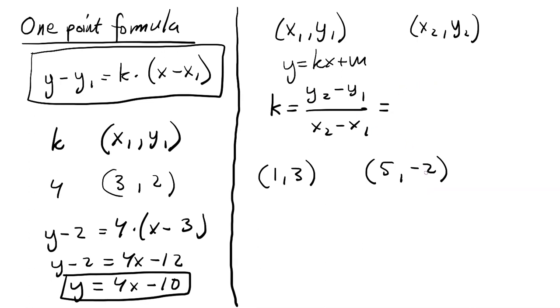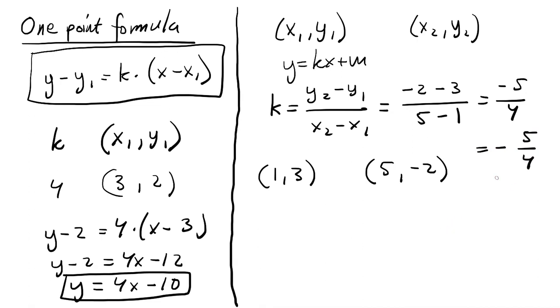Okay, y2 is minus 2, y1 is 3, x2 is 5, x1 is 1. So this is minus 5 divided by 4. So this is minus 5 fourths, or minus 1.25 if you like.